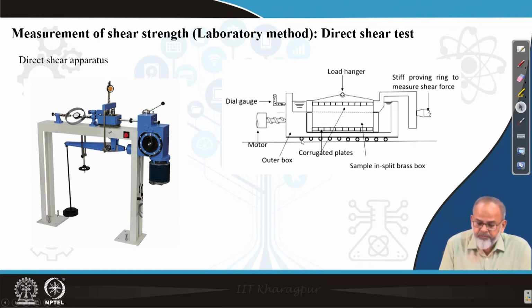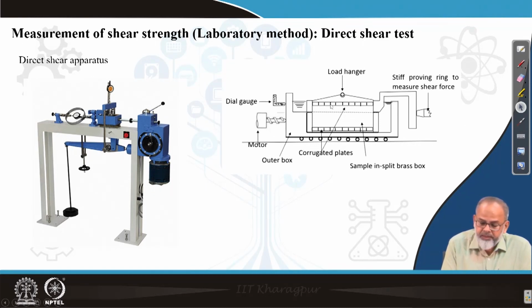Then on the bottom of the box there will be corrugated or serrated plates. This plate is provided so that there will be no slip of soil during tangential force application. Similarly there will be a serrated plate at the top.